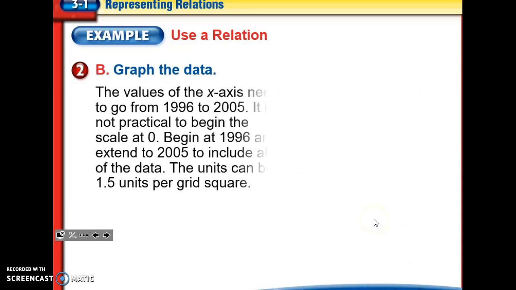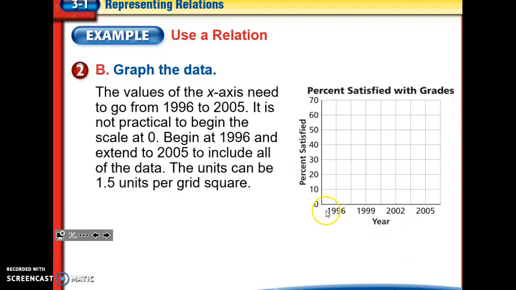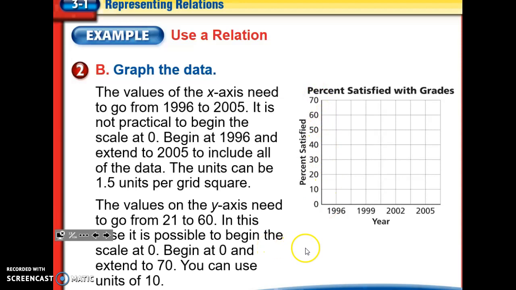If I'm going to graph the data, I would make a quick graph listing out my years on my x-axis. And then my percent is on my y-axis. So here again, I'm just plotting my ordered pairs. In 1996, there's my percent, 1999. Notice how it's approximate.